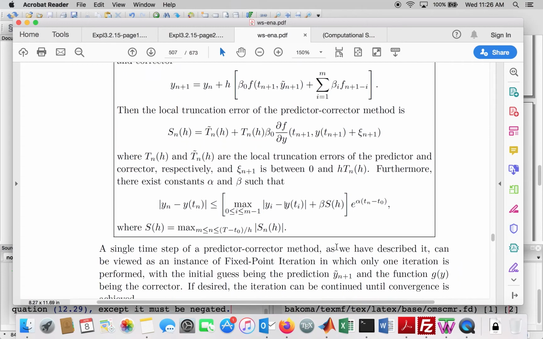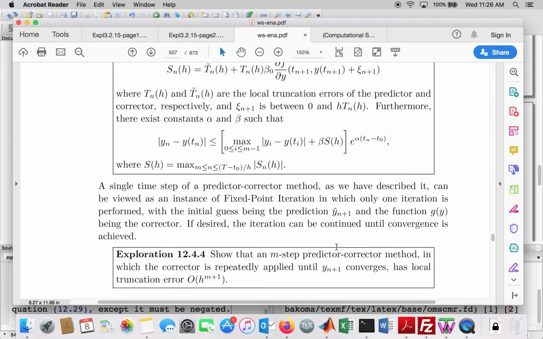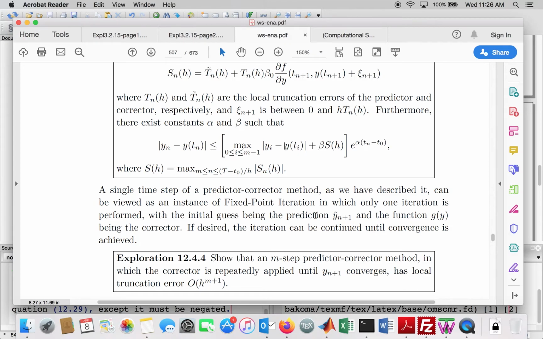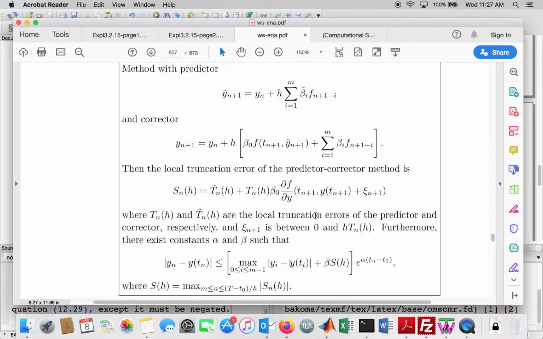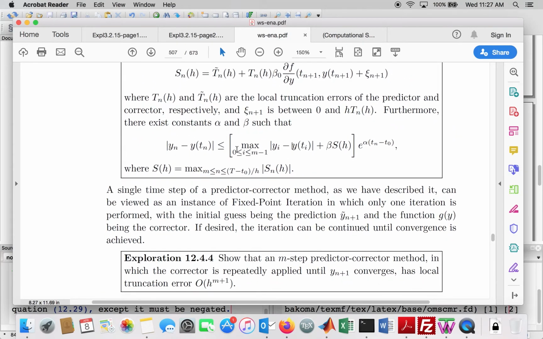The last comment I'll make is based on a homework problem that I did not assign. For a predictor-corrector method, you can just predict and then correct one time and then go from there, and that's your final yn plus 1. But what you have the option of doing is, once I get yn plus 1, I can substitute it back into here, in place of this value, and keep iterating until we have convergence. And the problem here is to show that the local truncation error is order h to the n plus 1.